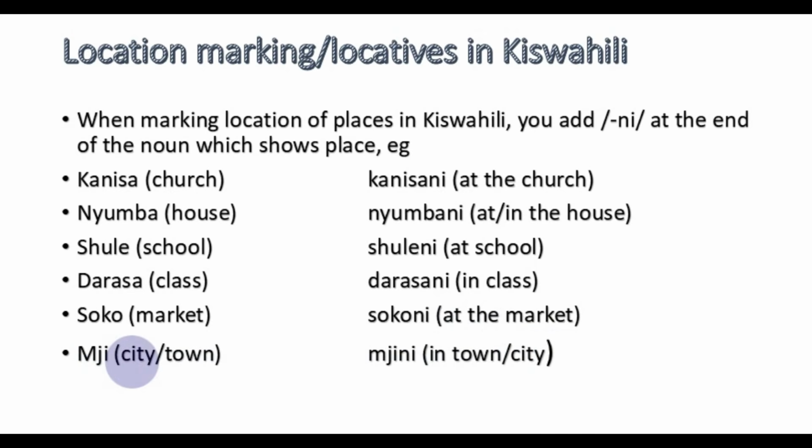Mji, it's a town or city. Mjini becomes in town or in the city. So basically, I hope that you now know how to mark location on nouns in Kiswahili.